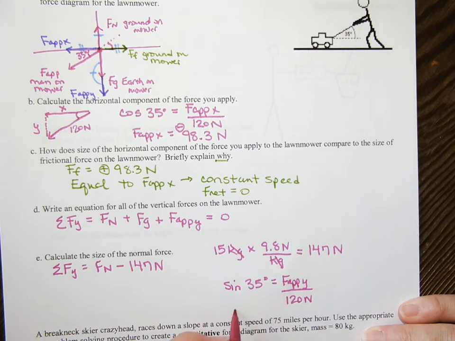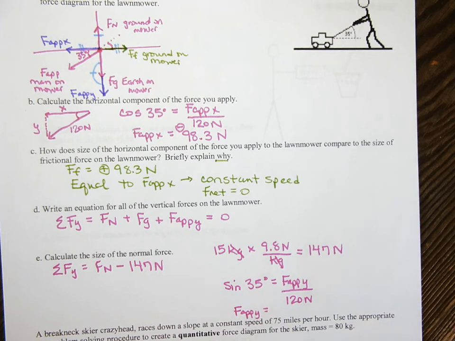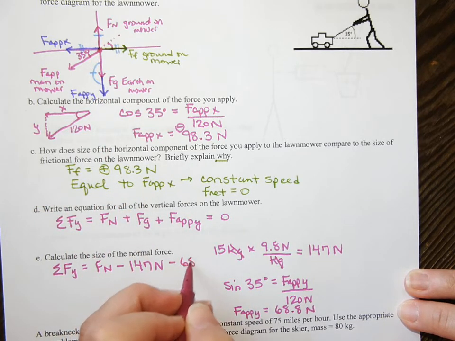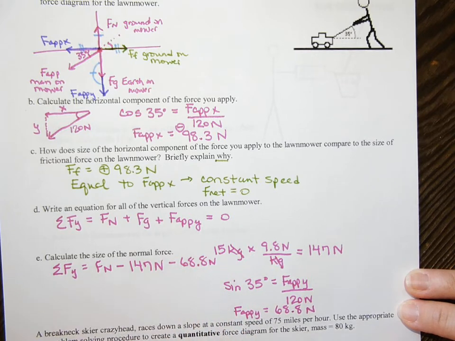Again, you can cross multiply. Make sure that you're in degree mode again. So 120 times the sine of 35 gives me 68.8 newtons. And F applied y is a downward force also, so it's going to be negative 68.8 newtons.